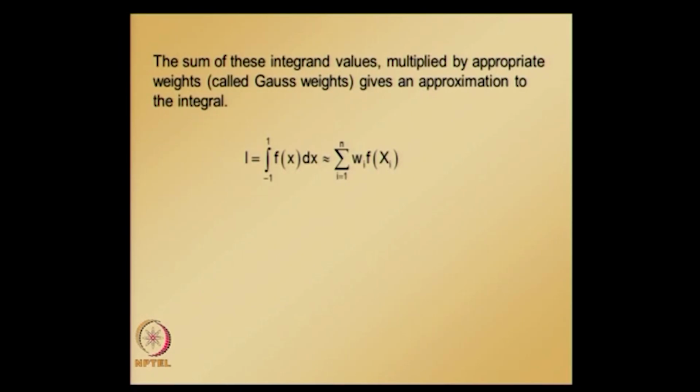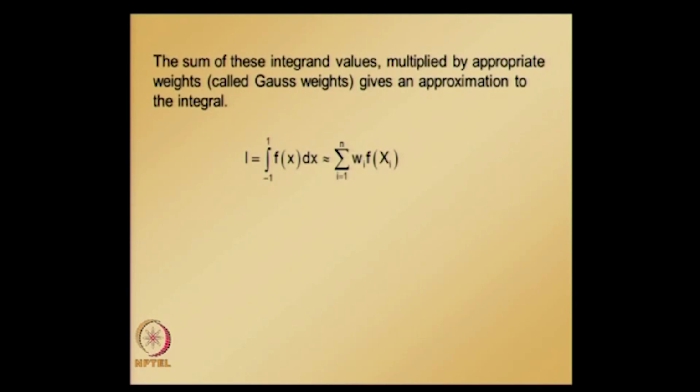For example, a function which needs to be integrated from -1 to 1 can be approximated as the function evaluated at some predefined points, n number of points, where i takes values 1 to n.